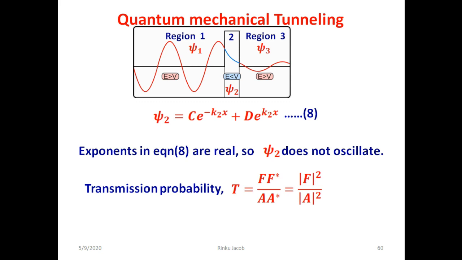Now the transmission probability can also be expressed in terms of the energy of the incident particle, potential of the barrier and width of the barrier, and it is given by T = 16 E(V − E)/V² × e^(-2k2L).